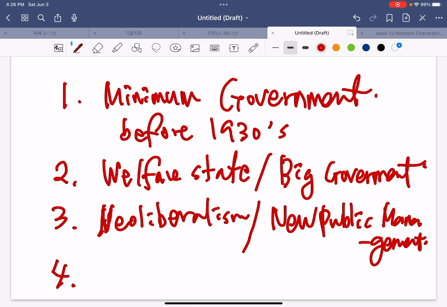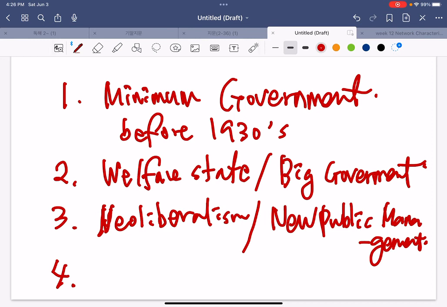Also, competition is very questionable. Even though we implemented contracting out and outsourcing, fundamentally it was impossible to make competition-based management, right?